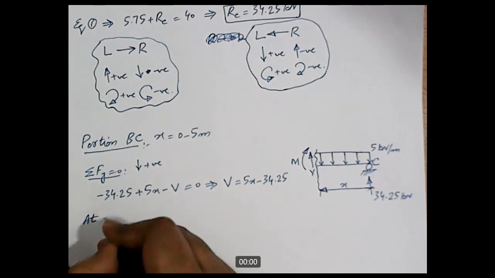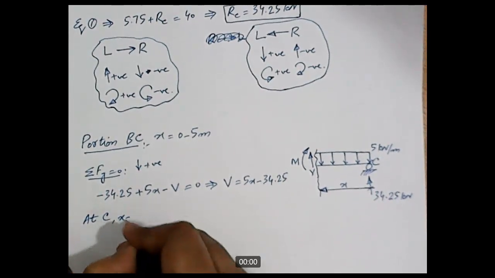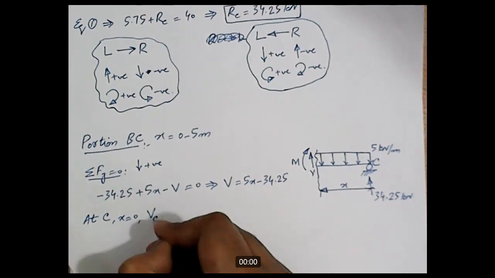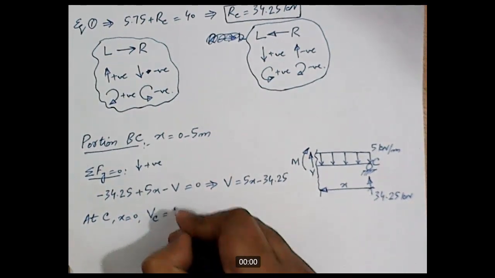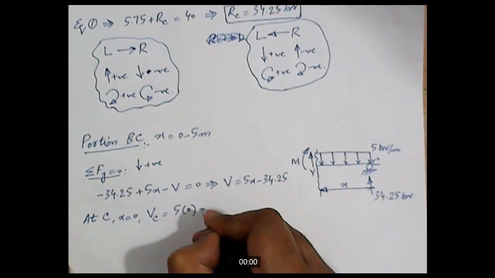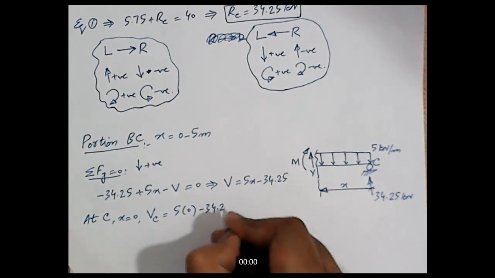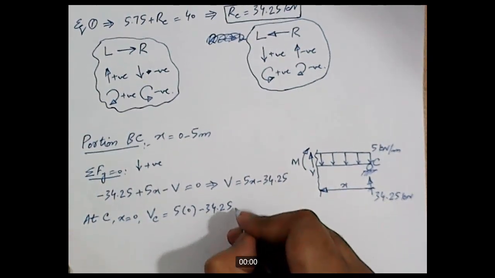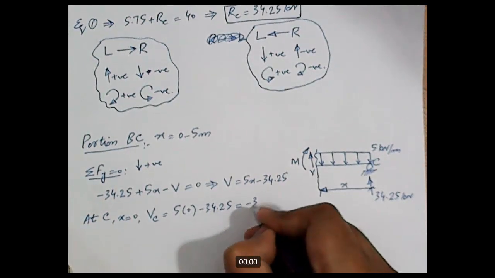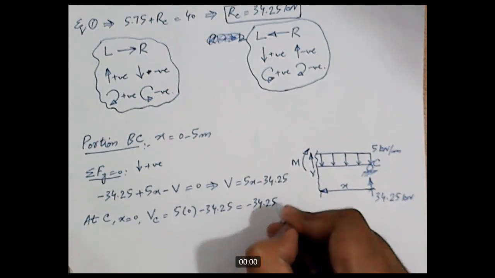So at C, x is equal to 0, so VC is equal to 5 into 0 minus 34.25, which means that this is equal to minus 34.25 kilonewton.